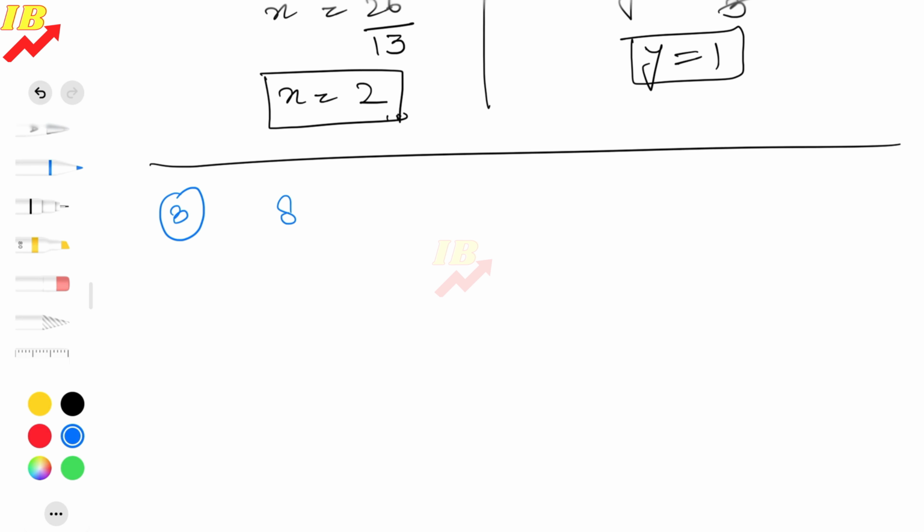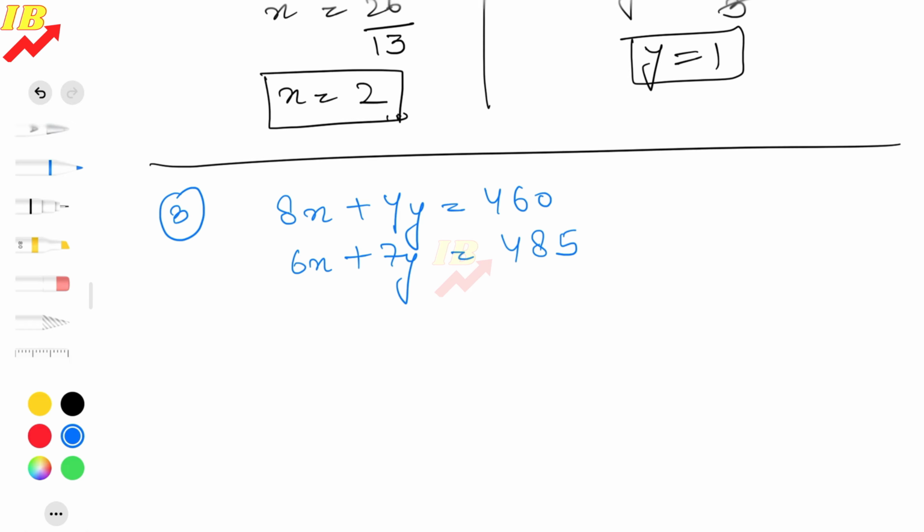Suppose I'm taking 8x plus 4y equals 460 and 6x plus 7y equals 485. So these two are very different equations, right? I can see the same variables, but no same coefficients, right?